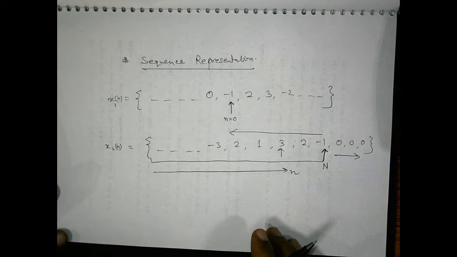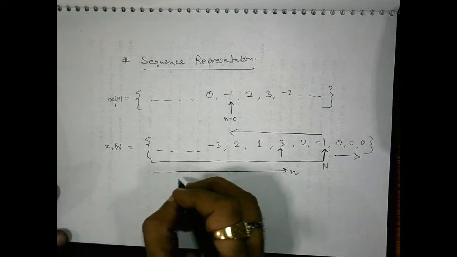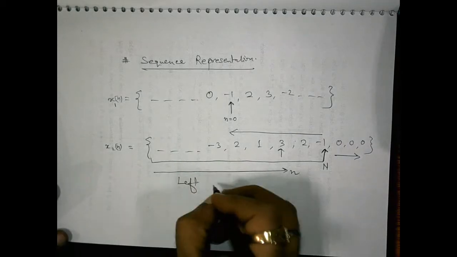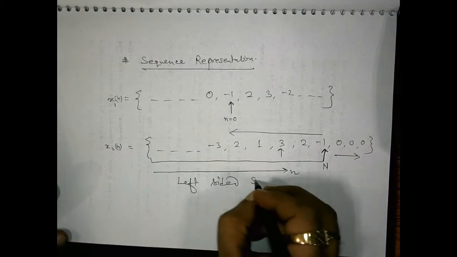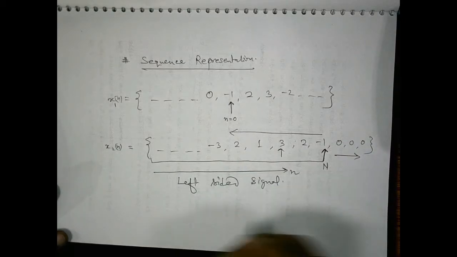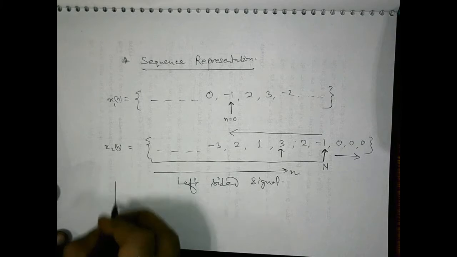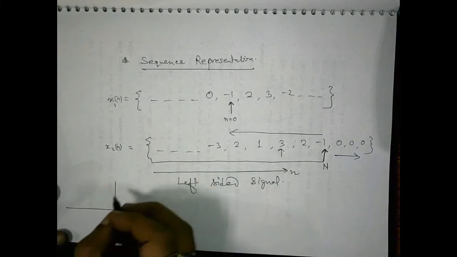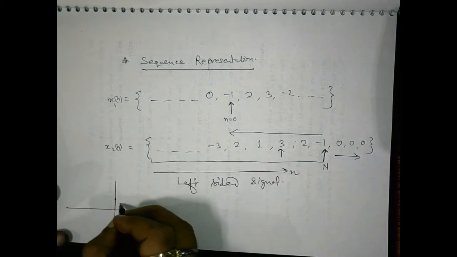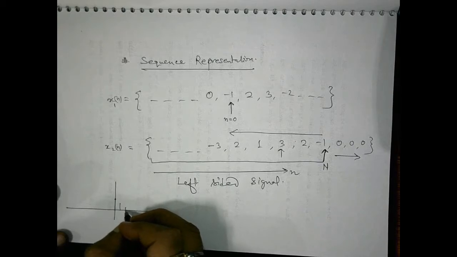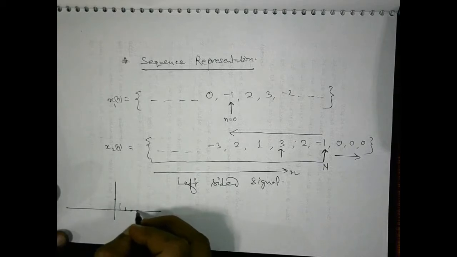So this kind of signal is called a left sided signal or sequence. Graphically they can be represented like this, not particularly this signal, but I am showing a general left sided signal like this.